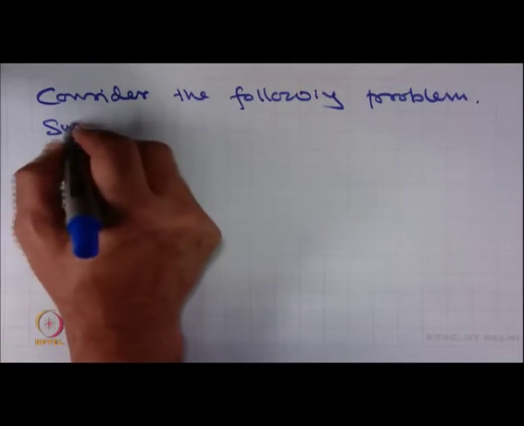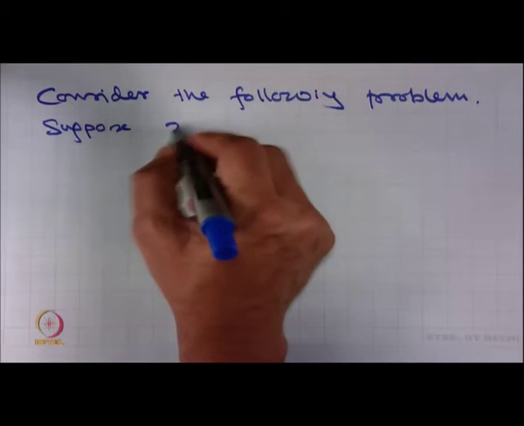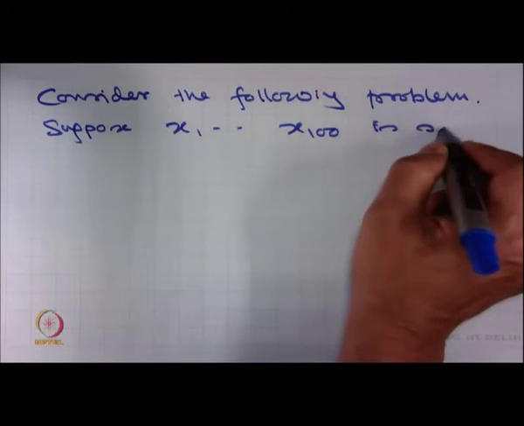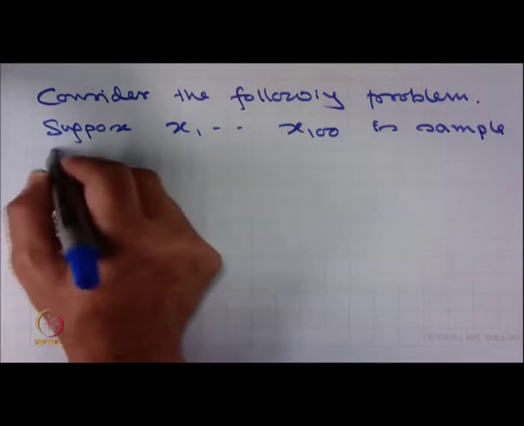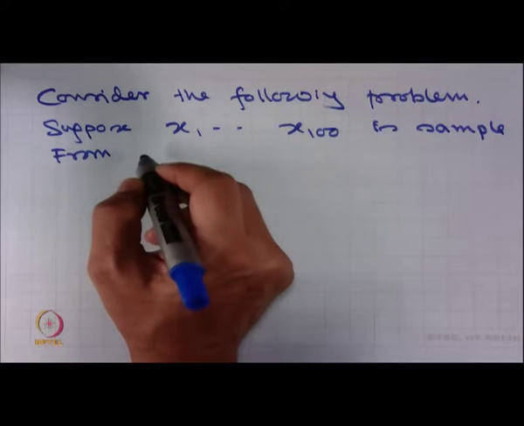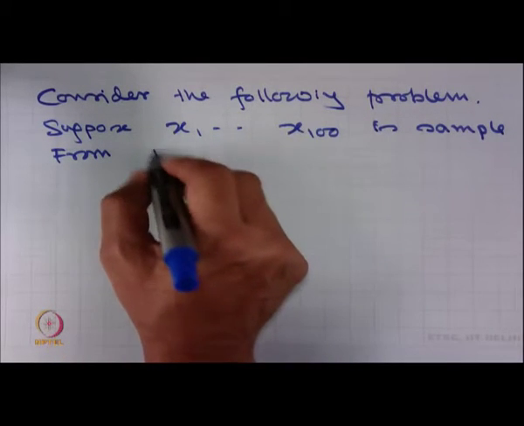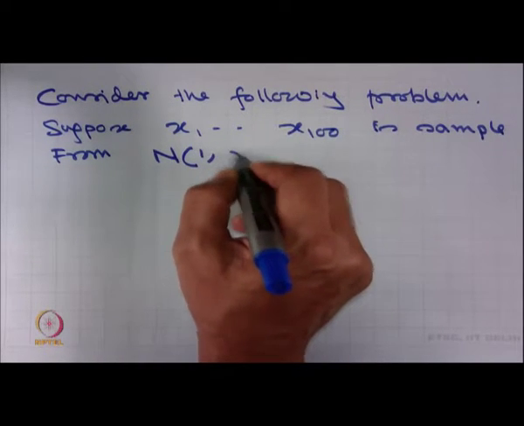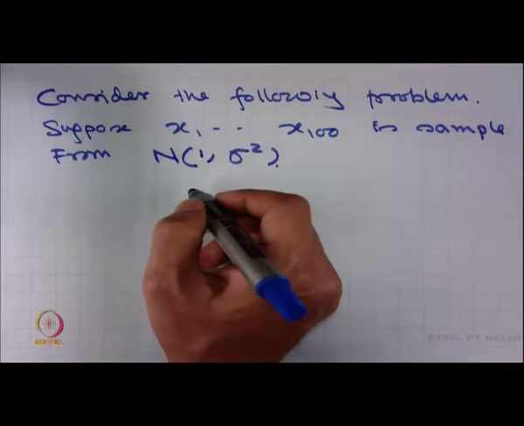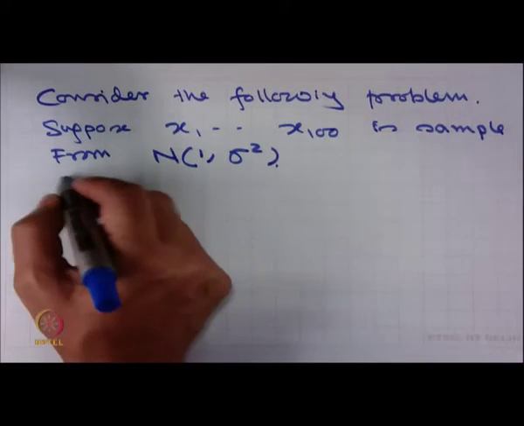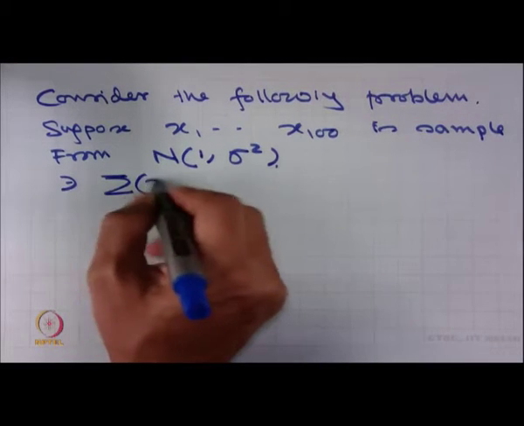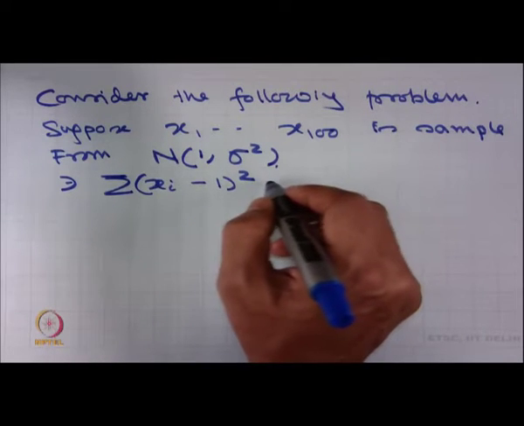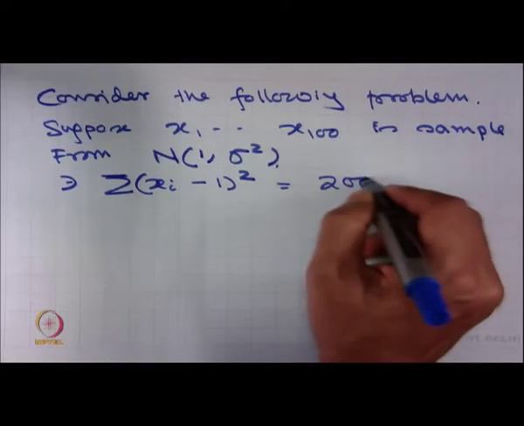So, let us consider one problem. Suppose x 1, x 2, up to x 100 is a sample from normal 1 comma sigma square, such that sigma (x i minus 1) whole square is equal to 200.